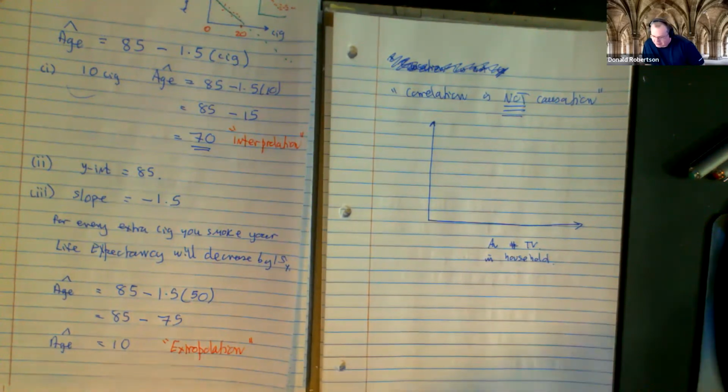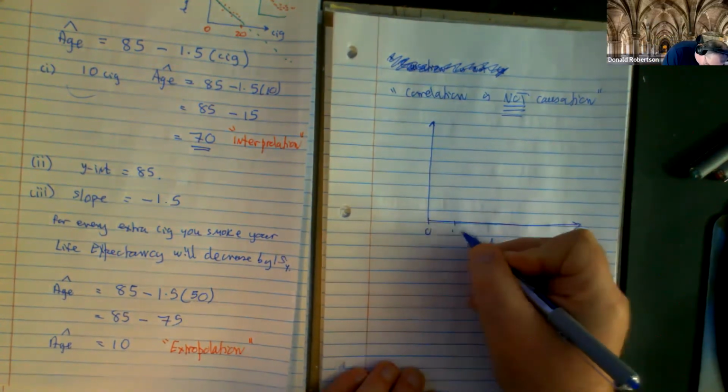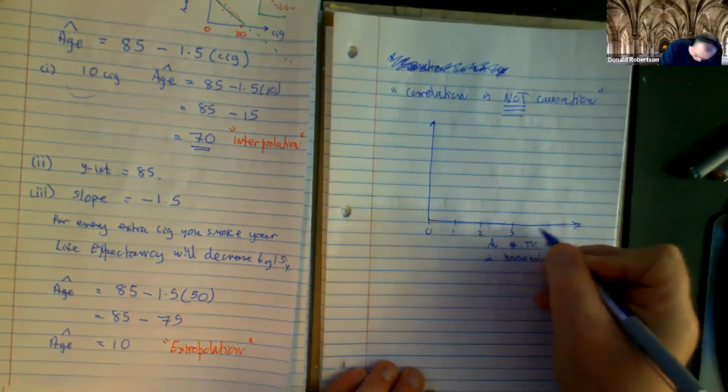So TV is a kind of generic one. So if I went into Sydney's house, she might have 4. Like she's got 2 TVs, she's got a tablet, and she's got a desktop, right?